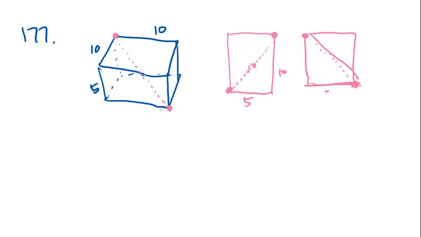It's a very time-consuming process, but I think a faster way to solve this problem, or at least a smarter way, is to memorize a formula, or a theorem, which is, if we pretended that this line is x, then x squared is going to equal length squared plus height squared plus width squared.